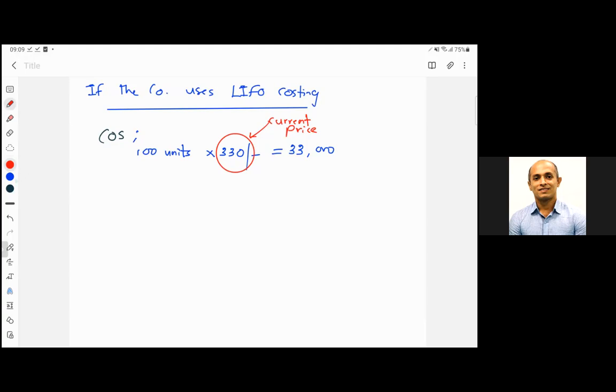But the issue is with the inventory value, the ending inventory. How much is ending inventory?